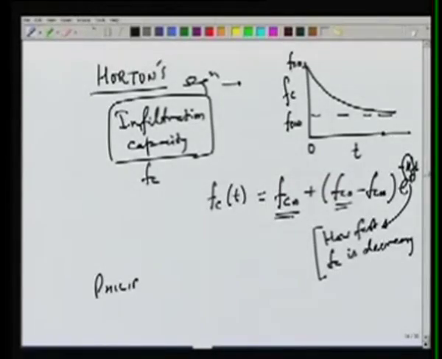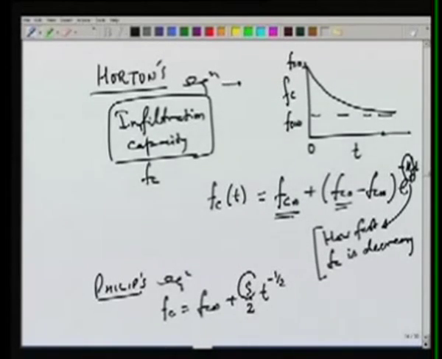There could be other equations. For example, there is an equation which is known as Phillips equation, which also relates the variation of F with time and is given as Fc equal to Fc infinity plus S times t to the power minus half. S is another soil property which is known as sorptivity.